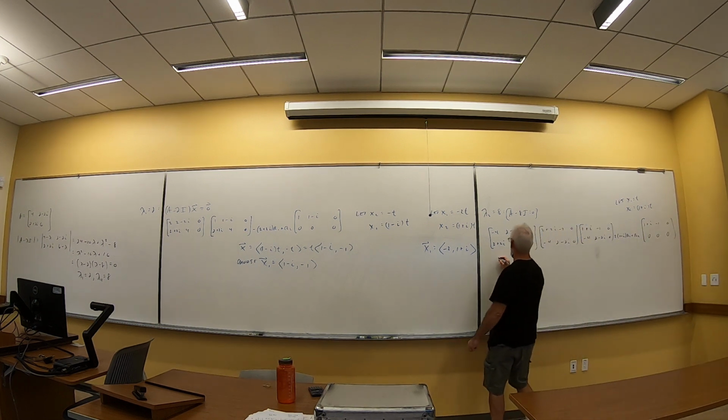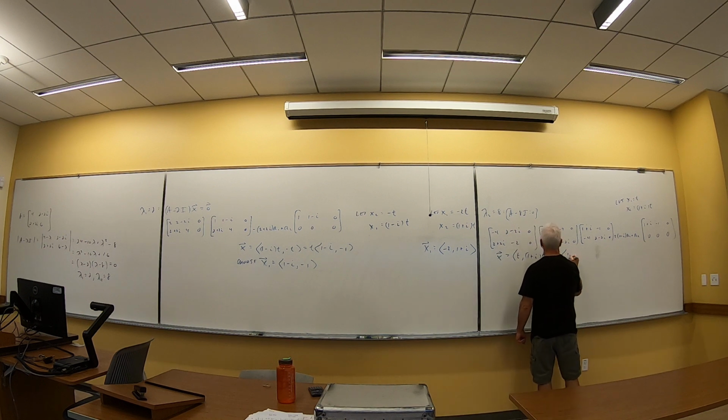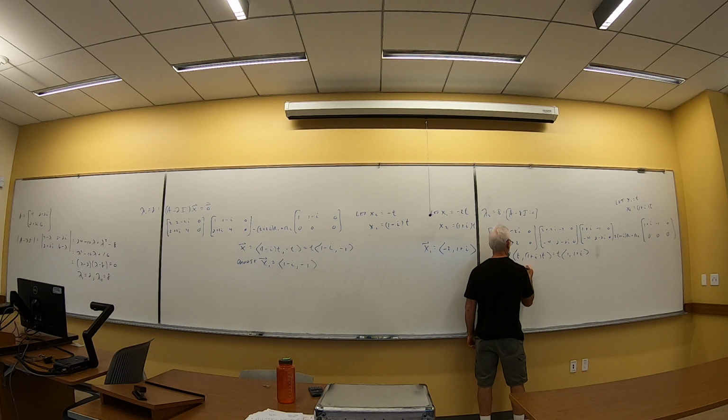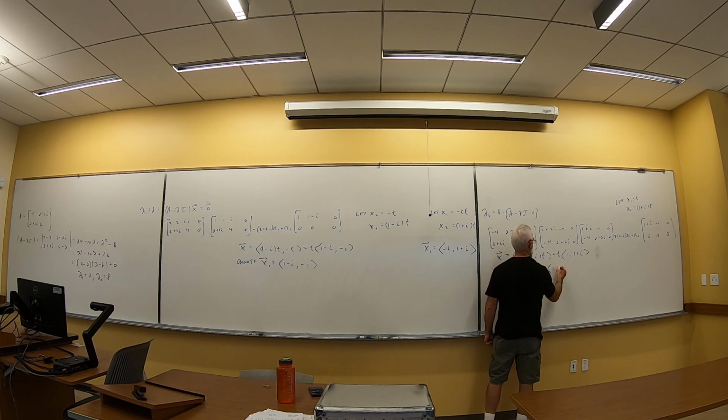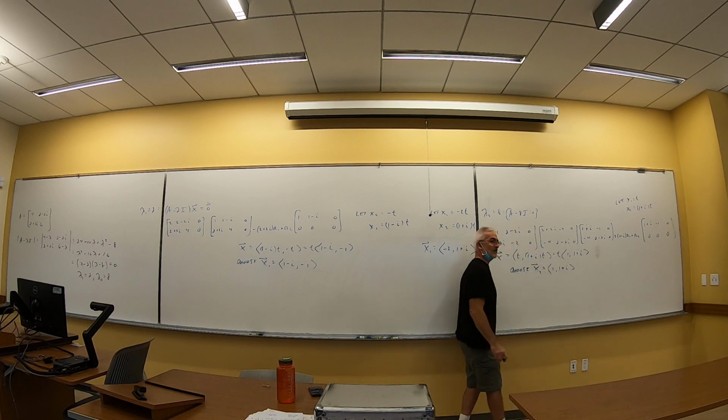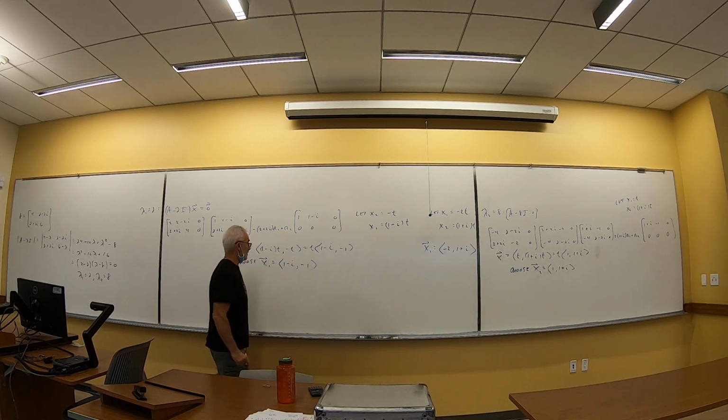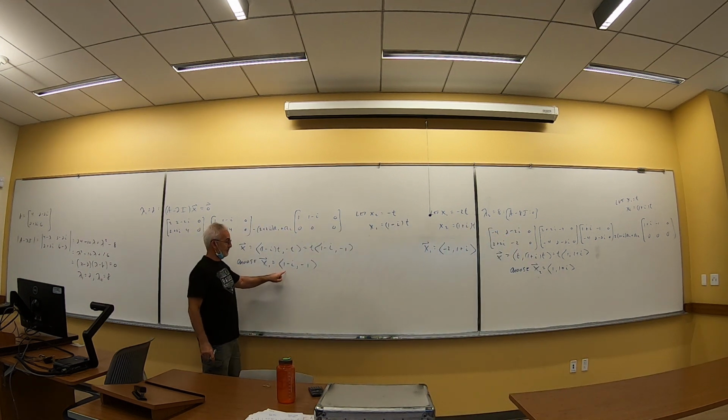Then I'd say any vector of the form (t, 1 plus i times t), which is t times (1, 1 plus i). So I will choose my second eigenvector to be (1, 1 plus i). Certainly the easiest one to work with, and it would have been absolutely correct for you to do this one.